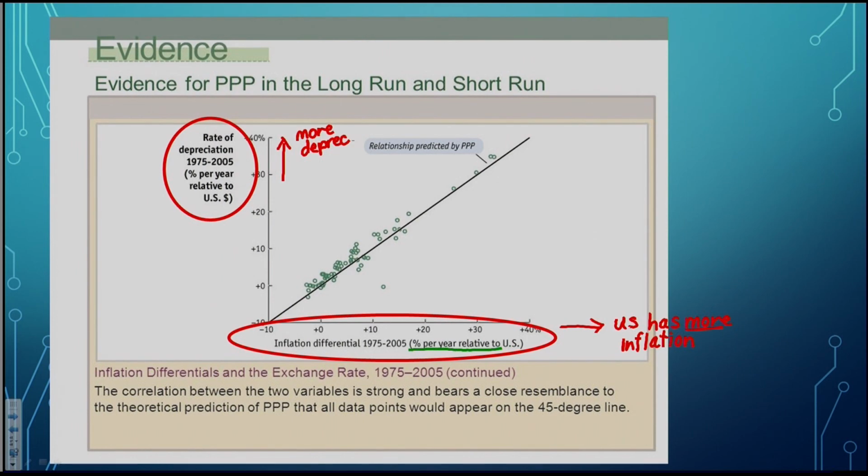When the U.S. has higher relative inflation, or maybe it's the other countries that have higher relative inflation, we see more currency depreciation. It's a little unclear which direction they're going, but what we're seeing is that higher inflation leads to more depreciation of currency. I'm just not sure if they're literally looking from the U.S. perspective or the foreign country's perspective, but it doesn't really matter because the relationship holds either way. So again, this is a pretty cool graph.